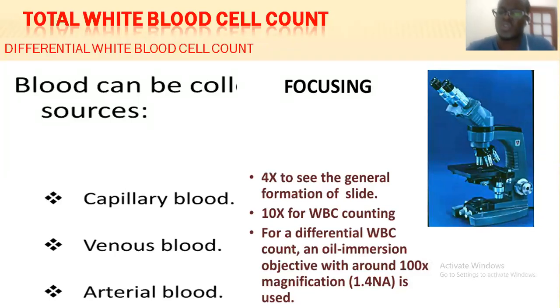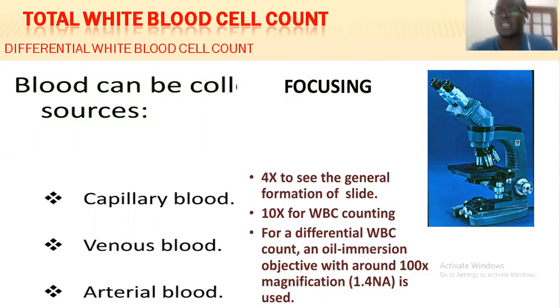But if you want to do the differential white blood cell count, then you also need oil immersion. You just put a drop of this oil immersion, and it will help you to differentiate the cells. Now with your oil immersion on the blood smear, you need to use a magnification of times 100, because now you need to differentiate the different types of cells.